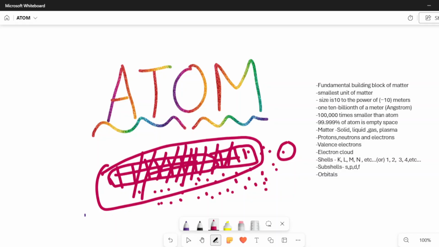The pen is made up of plastic, so it carries the property of plastic. So this smallest piece or the particle is called an atom.